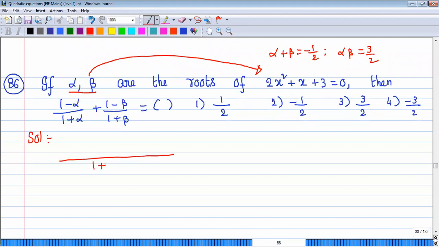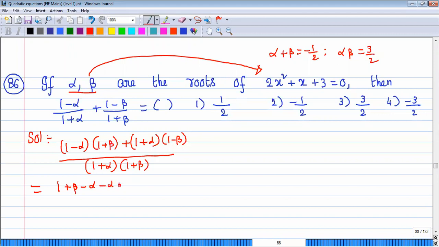So 1 plus alpha multiplied with 1 plus beta. This is the LCM. So 1 minus alpha multiplied with 1 plus beta plus 1 plus alpha multiplied with 1 minus beta. Let us simplify. 1 plus beta minus alpha beta plus 1 minus beta plus alpha minus alpha beta upon 1 plus alpha plus beta plus alpha beta.